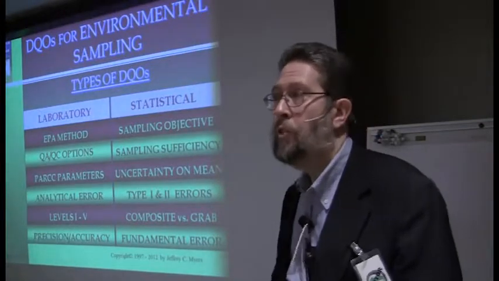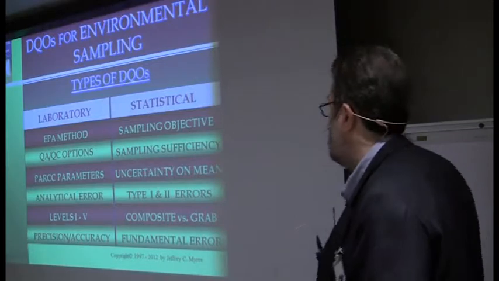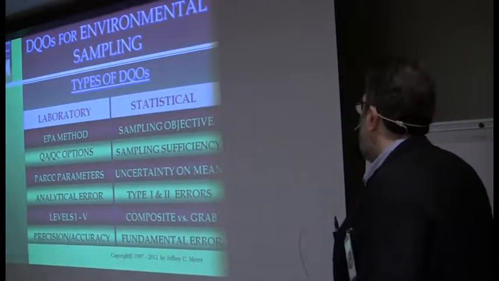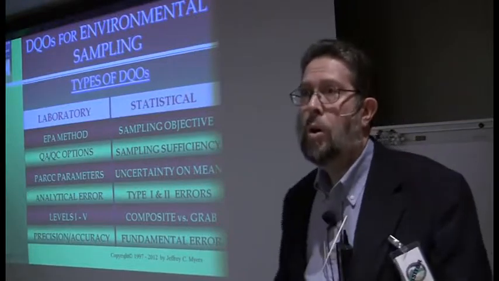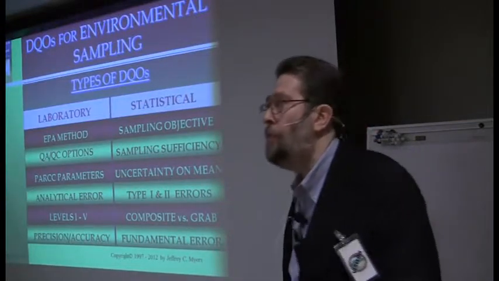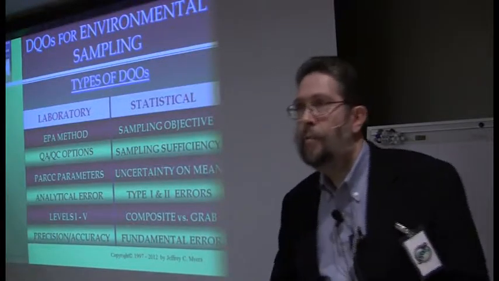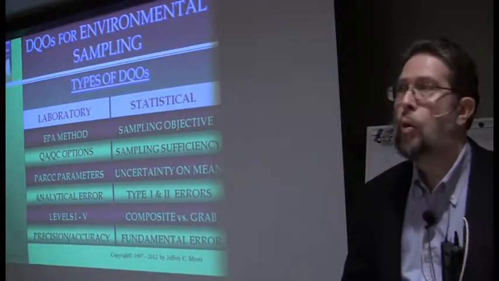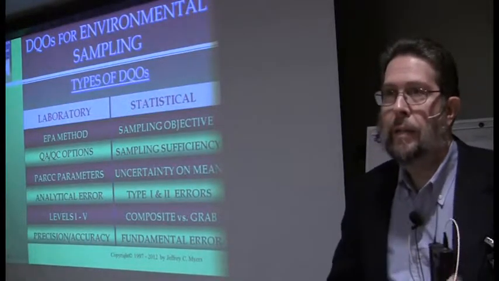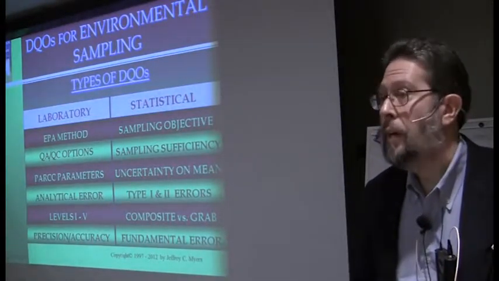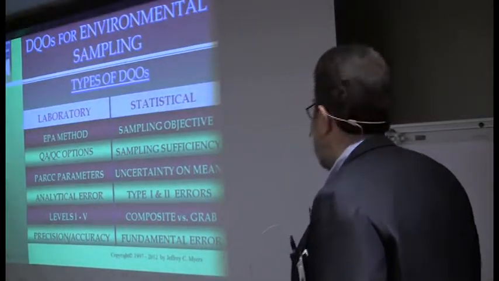In the end, what's the uncertainty on our decision that we make, whether we use the mean or something else? What are the type 1 and type 2 errors? Where do we go wrong? How often do we go wrong? And if we were to go wrong, what are the consequences, both on the regulatory and, let's say, the PRP side? What are the implications, cost, and so on?